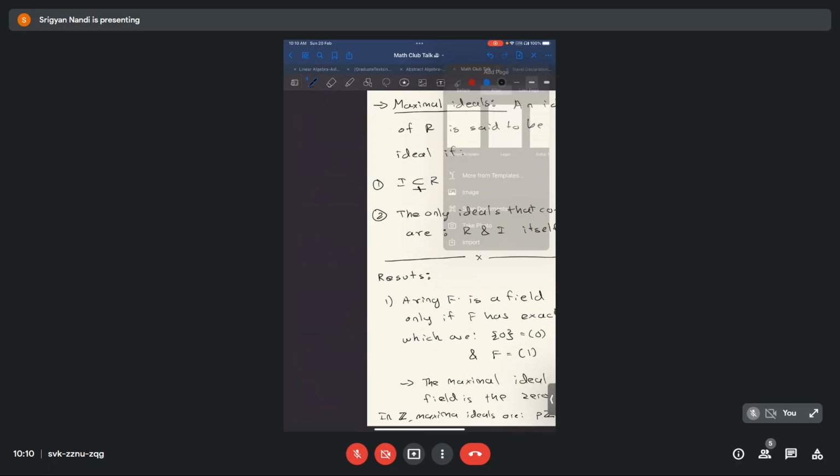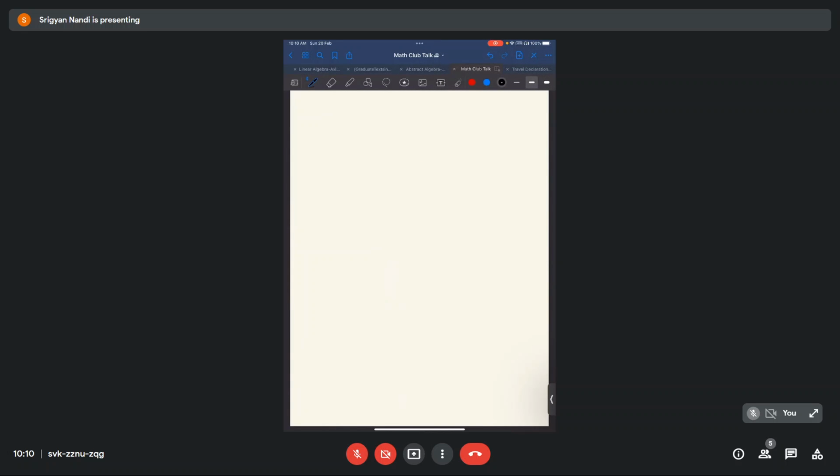The second result is the fact that in a ring R, I is a maximal ideal of R if and only if R by I is a field.